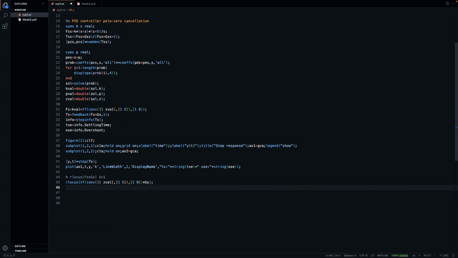And whilst we're at it, let's also get the poles and zeros using PZMap in order to see which pole is where. So AX2, real part of poles, imaginary part of poles, and then, I don't know, something like this.